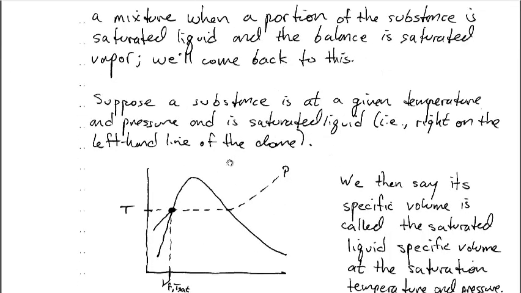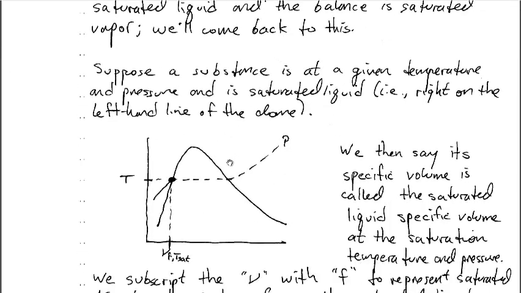So let's suppose that a substance is at a given temperature and pressure and it's a saturated liquid, which means that it's right on the left-hand side of the line of the dome. So it's right on this line here. And in fact, we're going to say that our substance is right here at this spot where that black dot is.